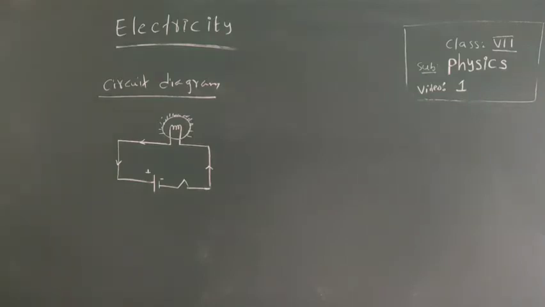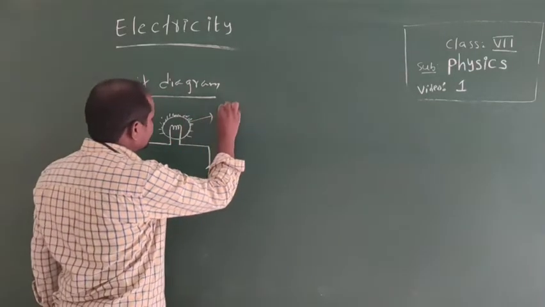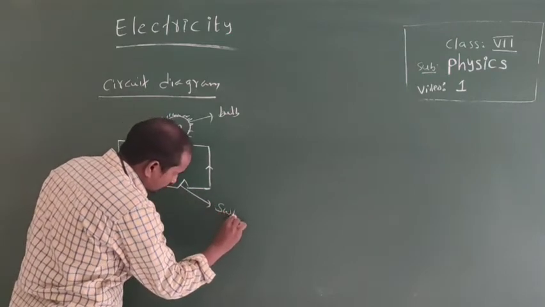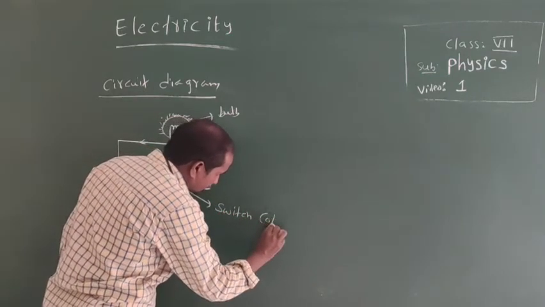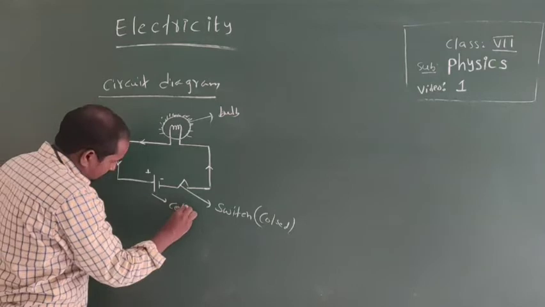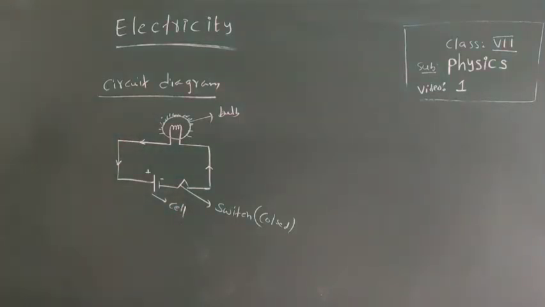In the circuit, a bulb, battery and a switch are connected as shown in the figure. Okay, it is a bulb. It is a switch. It is a closed switch. It is a cell. So it is a diagram for the closed circuit.